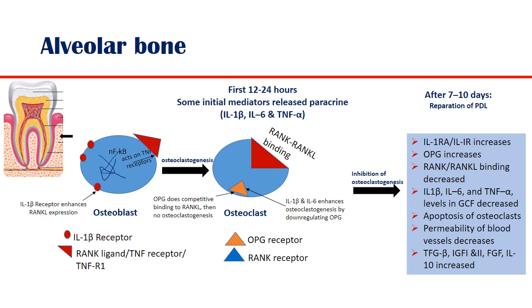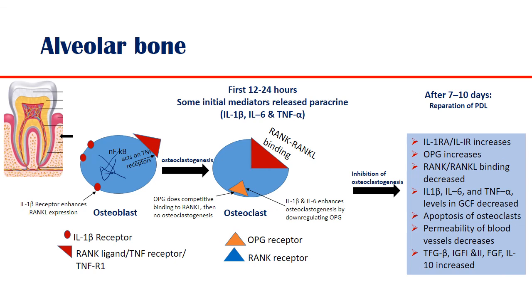Two major things are important: the RANKL to OPG ratio, and the interleukin 1 beta to interleukin 1 beta receptor antagonist ratio, which is the activity index. Please mark my words. This happens initially in the first 12 to 24 hours.